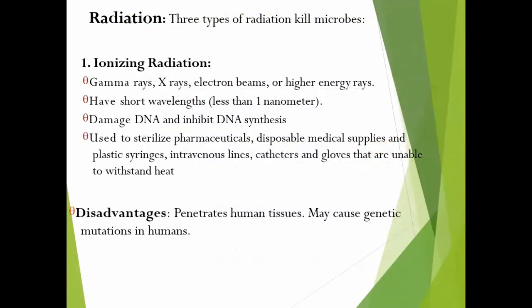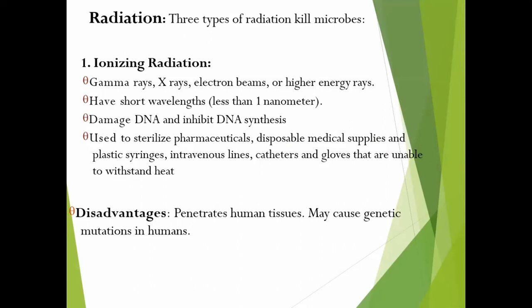Radiation. Three types of radiation kill microbes. Number one, ionizing radiation: gamma rays, X-rays, electron beams, or higher energy rays have short wavelengths less than 1 nanometer, damage DNA and inhibit DNA synthesis.